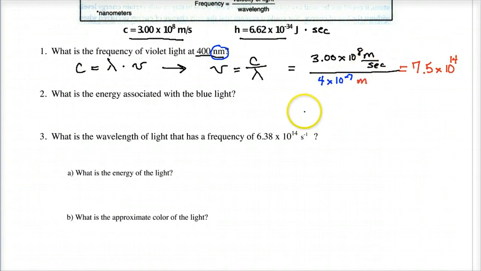I should have left that there. So gosh darn it, meter over meter cancels, and I'm left with 1 over second. So my answer is 7.5 times 10 to the 14, and that is second to the negative 1. That's another way of saying 1 over second.